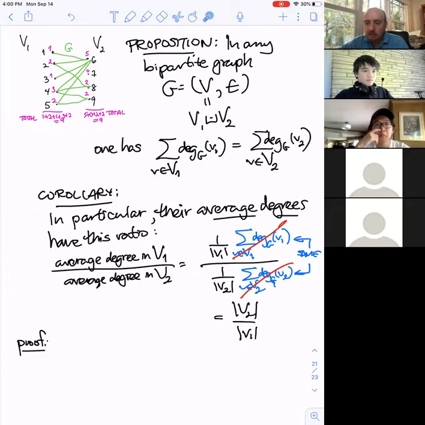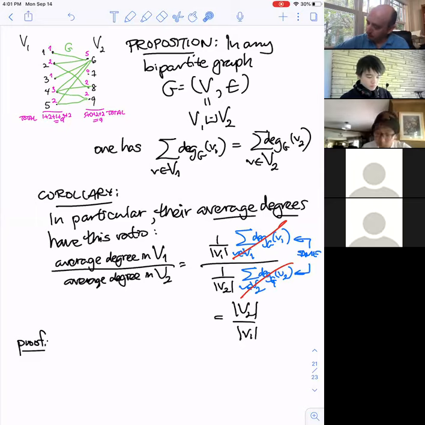Yeah, Theo's saying every line has to connect from somewhere in V1 to somewhere in V2. What is this 9 that they both equal? Someone's saying the half edges. No, but I claim that if you sum up the half edges, you're going to get 2 times 9. Right, edges.